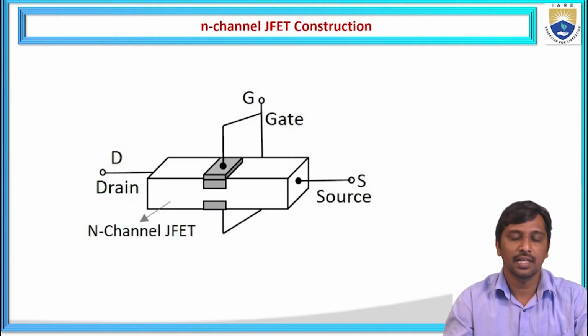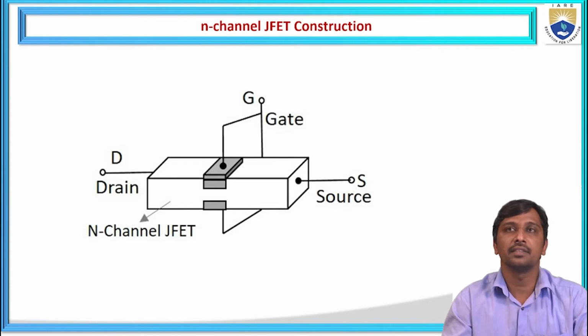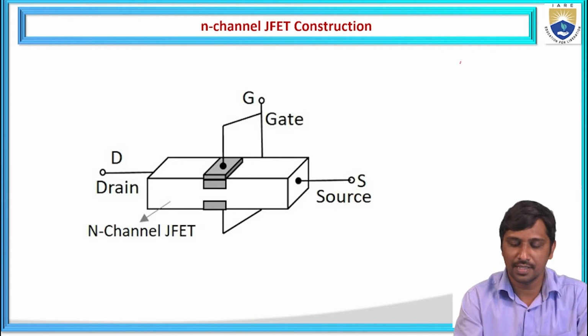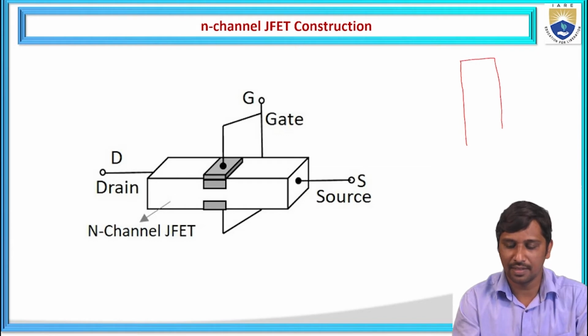Coming to the construction, how do we represent the N-channel JFET construction, and why is it called a junction field effect transistor? To understand the principle and construction of the JFET, let us consider a piece of semiconductor bar, and for this N channel it is taken as an N type bar.